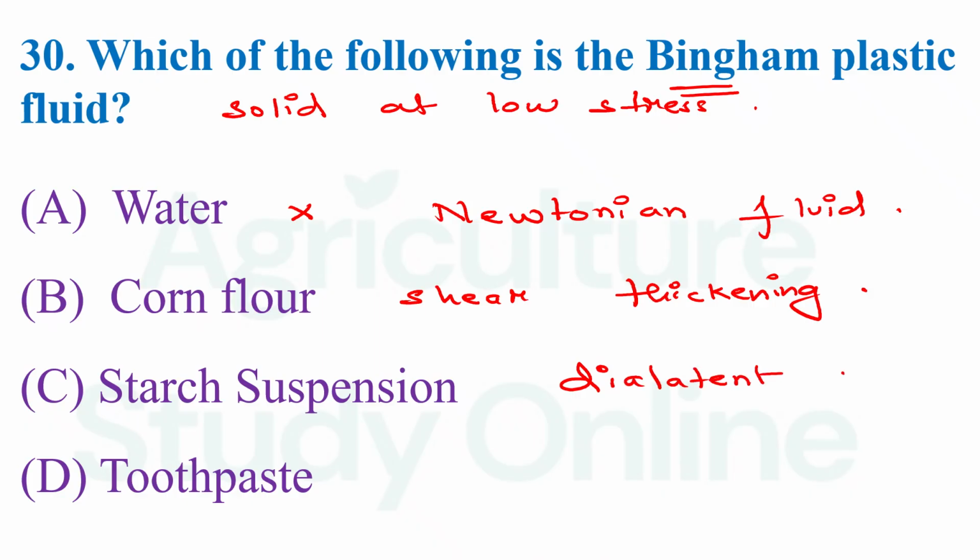So yes, toothpaste is correct, because in toothpaste we have seen it requires a force to start flowing, means a yield stress is required. And after that yield stress, it will flow smoothly when squeezed. So this is a classic example of a Bingham plastic fluid. So Bingham plastics can be toothpaste, mayonnaise, ketchup, and so on. So correct option is D.